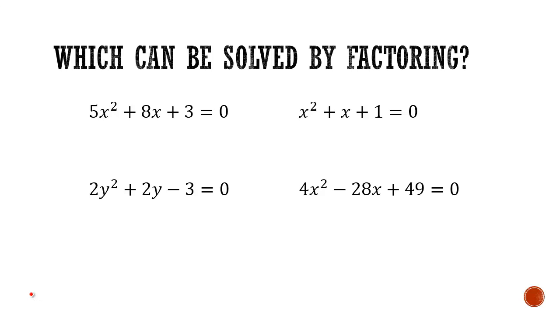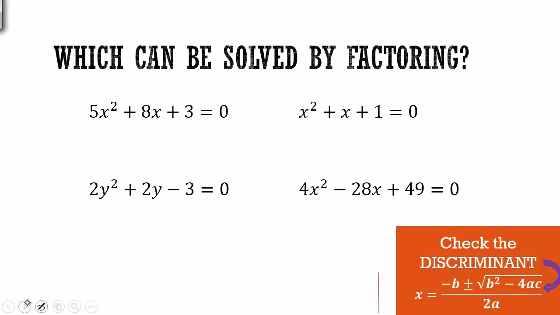So using the quadratic formula, knowing that this inside of the root is the discriminant, let's just go back to thinking about which one of these examples can be solved by factoring, right? You could think about the product and the sum, but you could also take the discriminant. So for this one, this is a, this is b, this is c.